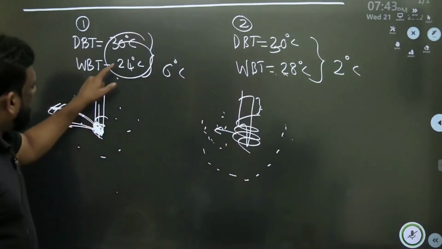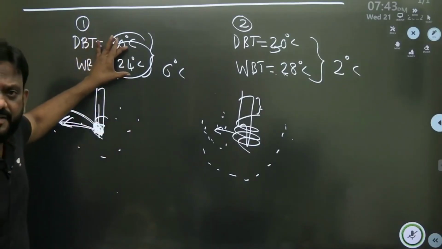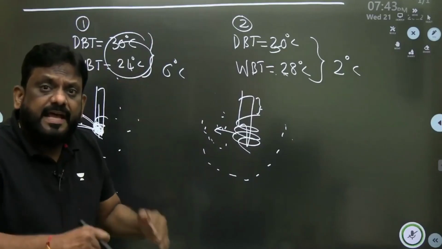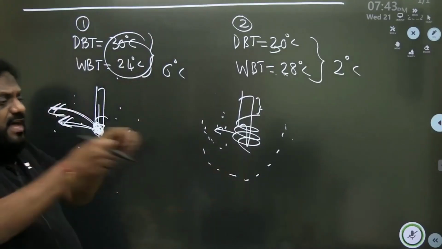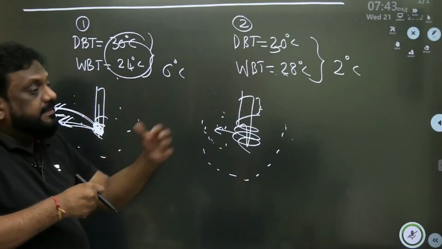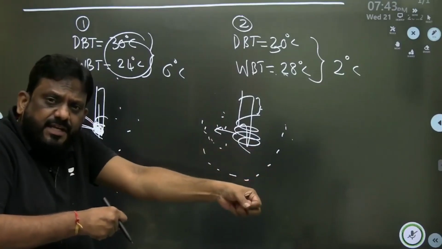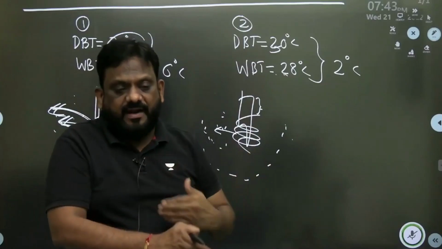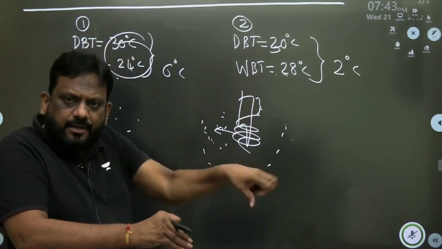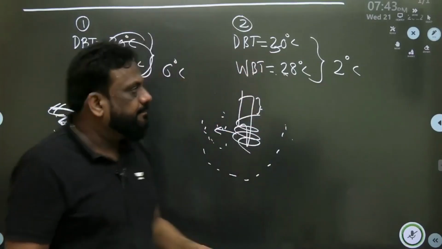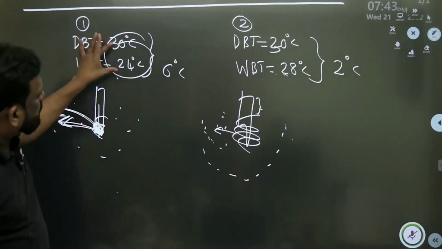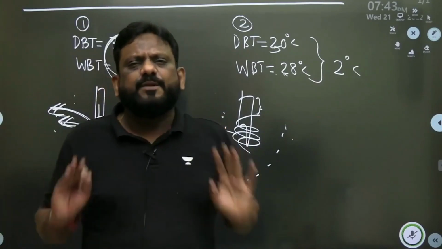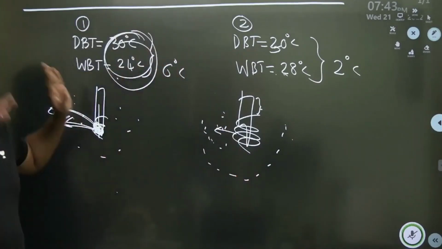If the wet bulb temperature is very low compared to dry bulb temperature, it means the drop is large. If the drop is large, it has to absorb more moisture. In the process of absorbing more moisture, large heat has to be taken in order to convert into vapor, because the latent heat of vaporization is required. So when it absorbs more heat, there is a large drop in temperature. When the difference between dry bulb and wet bulb is large, it means the moisture in air is less.